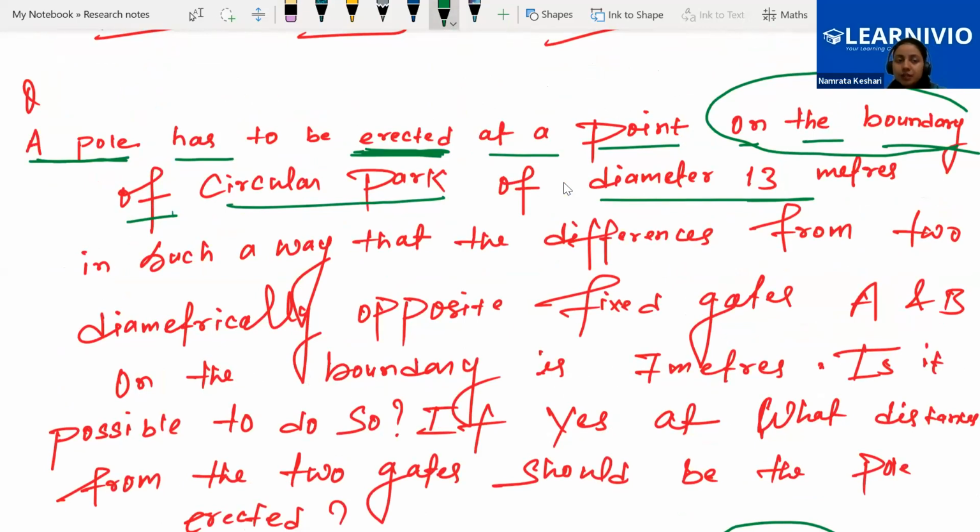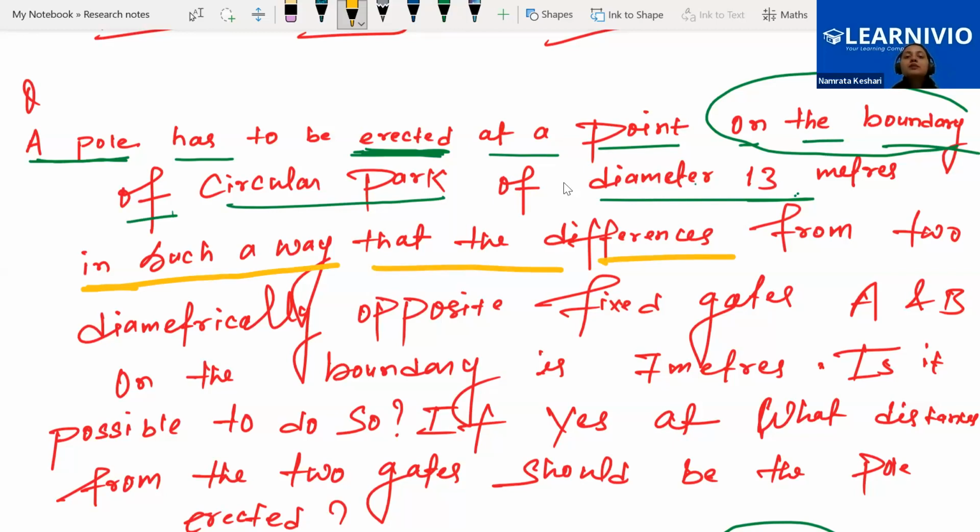Let's read it from the very beginning. A pole has to be erected at a point on a boundary of a circular path of diameter 13 meter. The pole is erected in such a way that the differences from two diametrically opposite fixed gate.